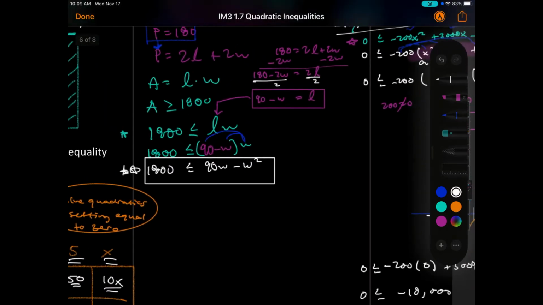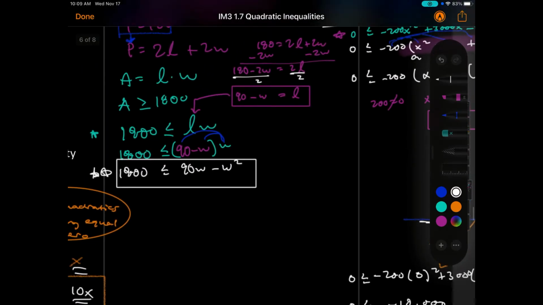That's the inequality that we have. Okay, how do you solve this inequality? How do you solve for W? Well, pretend the inequality sign is gone, and we're just going to use our methods of solving. So I want to set it equal to 0, so I'm going to subtract 1,800 here. And then I'm going to put everything in order. Oh, made a mistake.